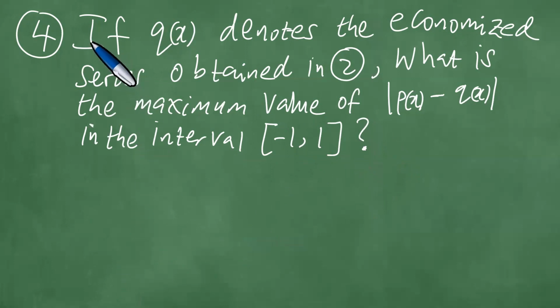If Q of X denotes the economized series obtained in 2, we've seen it, what is the maximum value of the difference in the interval?